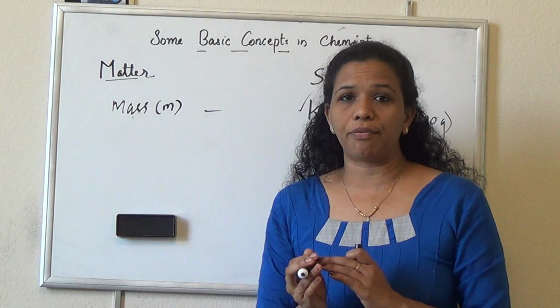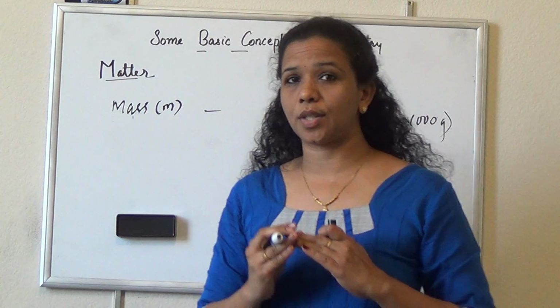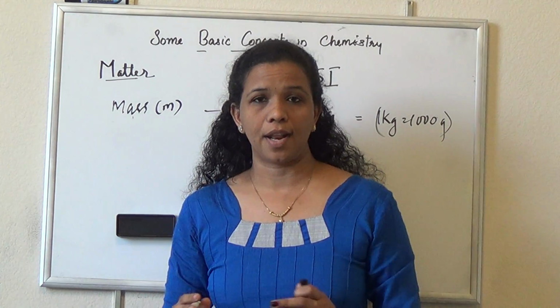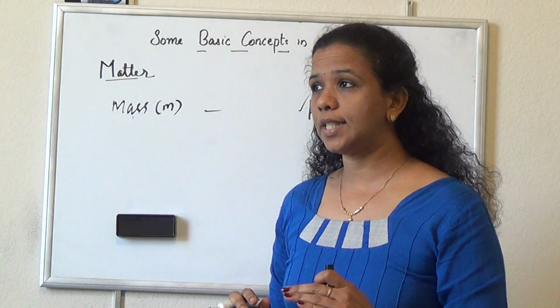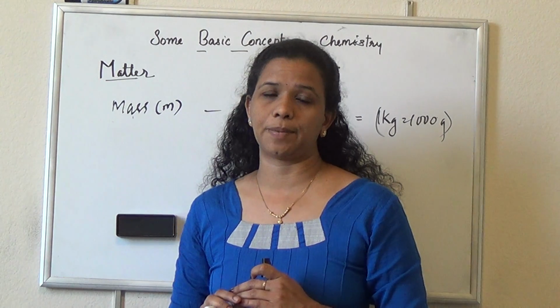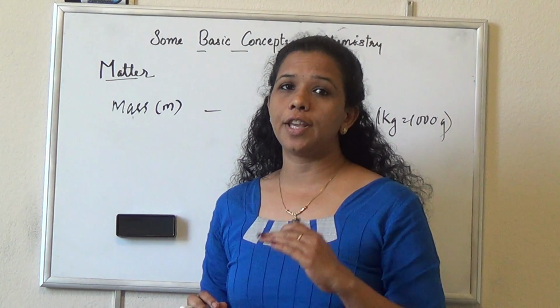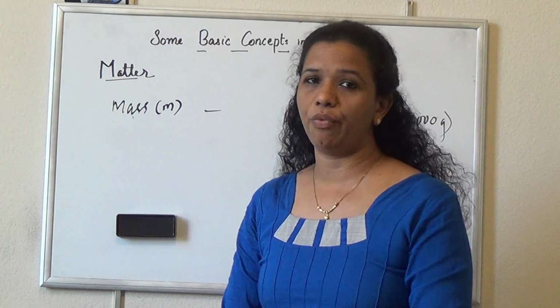Do you know the difference between mass and weight? Mass is always a constant everywhere, but weight varies. Weight is the amount of gravitational force exerted on a substance. If gravitational force changes, weight also varies.